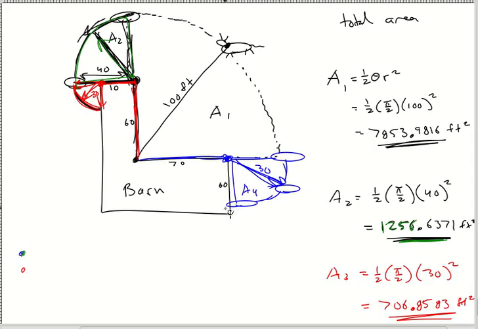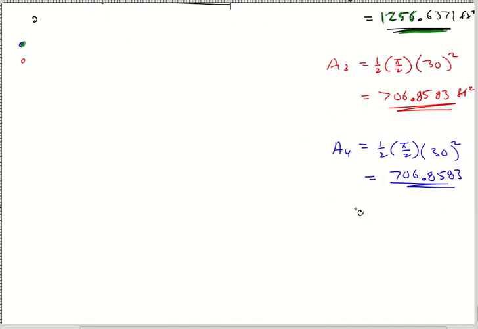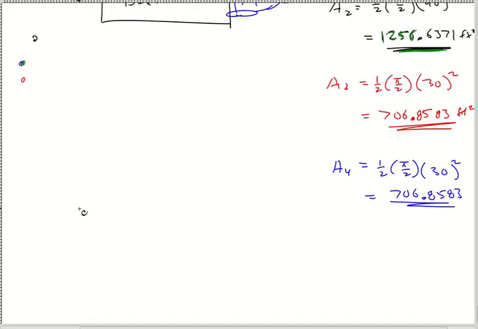Okay. Cool. Adding all these different areas up. 1, 2. This is going to be 3. I know it shouldn't be in green, sorry. And 3 and then 4. I'm going to add up all this area that the cow can eat, and we should get an answer, okay? So 706.8583 times 2, because there are 2 of those guys, plus the 1256.6371 plus the 7853.9816.